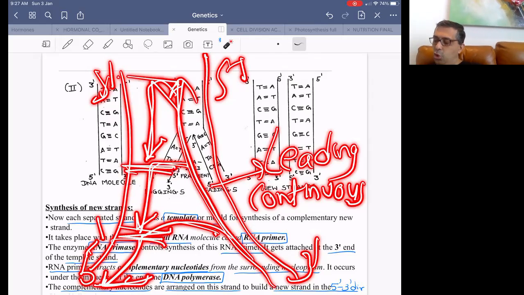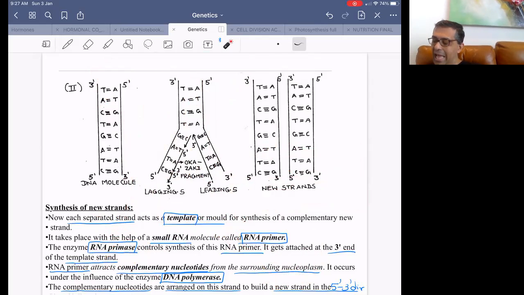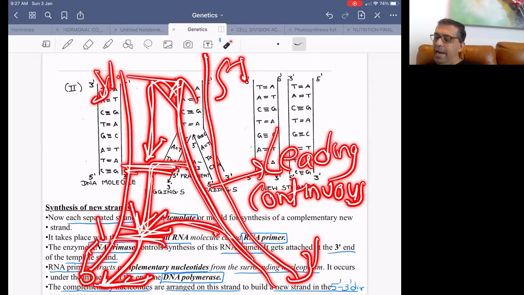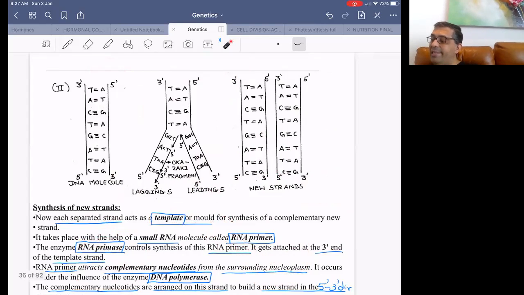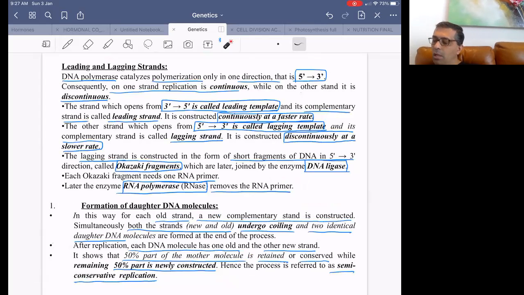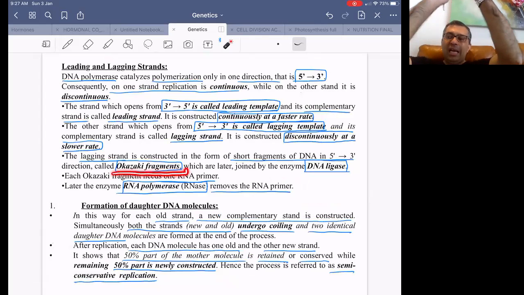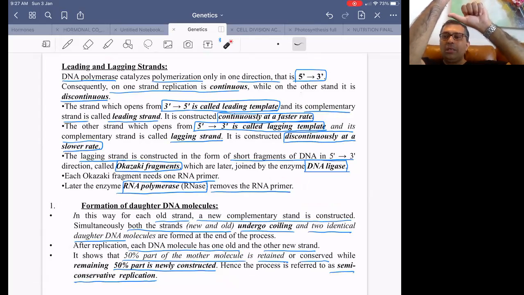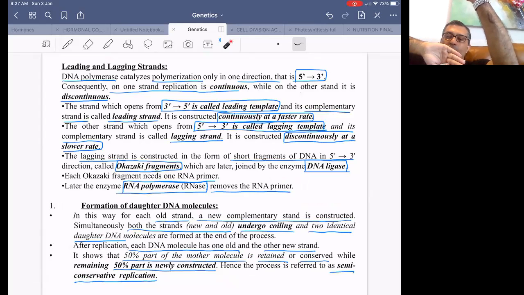So these small fragments are formed, and these fragments are called Okazaki fragments. Once again, this is the leading strand, continuous. Lagging will be 3000 to 1, 6000 to 3000, 9000 to 6000.